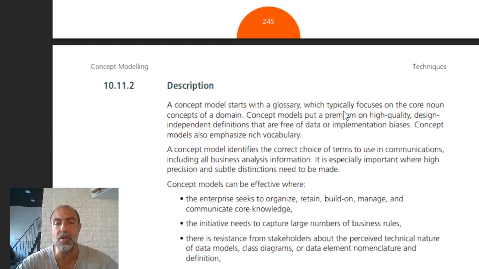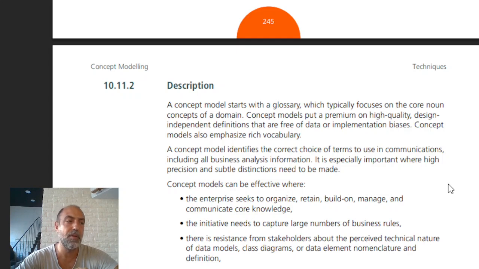All right, so what's the description? A concept model starts with a glossary, which typically focuses on the core noun concepts of a domain. Concept models put a premium on high-level quality, design-independent definitions that are free of data or implementation biases. Concept models also emphasize rich vocabulary.